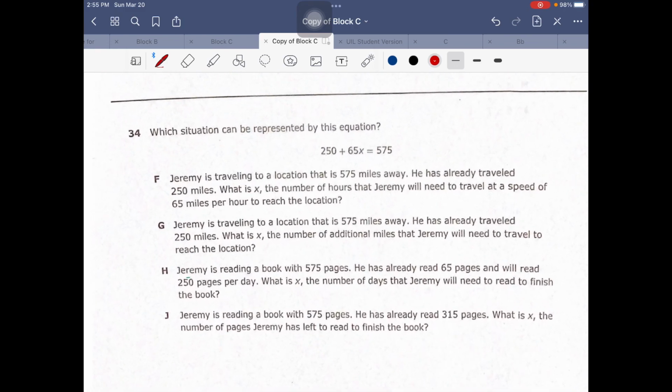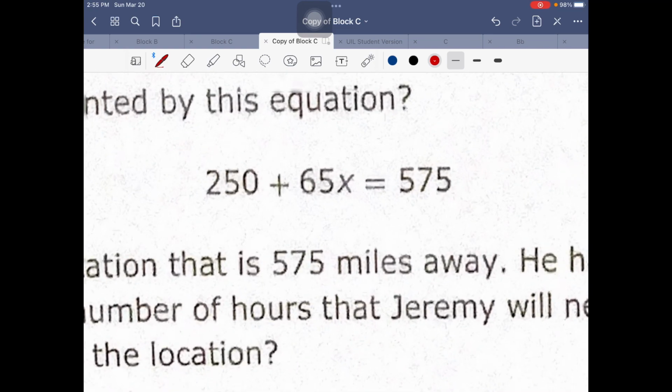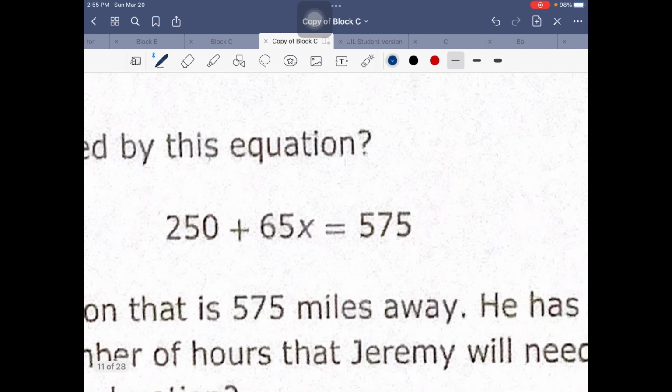Now, number 34. Which situation can be represented by this equation? Well, in this one right here, what the 250 is representing is you're adding it just one time. Adding.